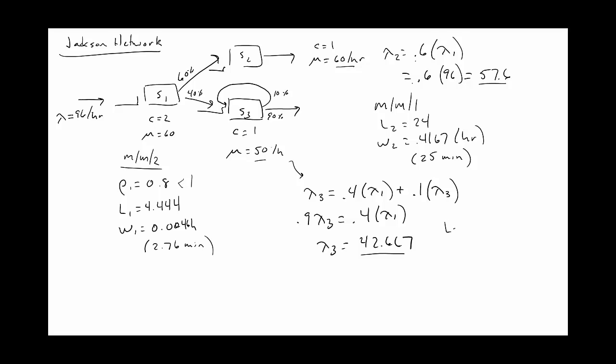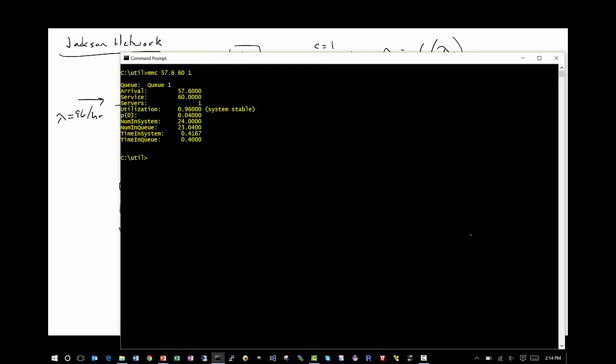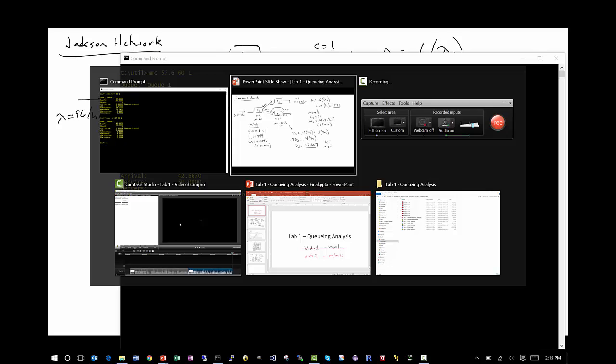And so we have L3, W3, and we'll again use MMC to compute those. So we will have MMC of 42.667, 50, and 1. And so we have a number in system of 5.819 and time in system of 0.1364.